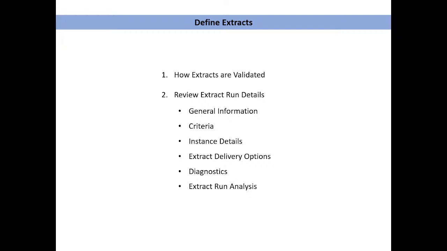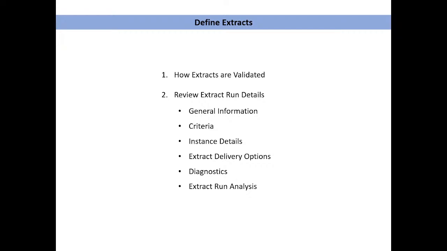So when you validate an extract, the application performs validation on the extract design to ensure that the root data group is defined, and also all non-root data groups are linked to the root data group directly or indirectly. For example, through another non-root data group that is linked to the data group.